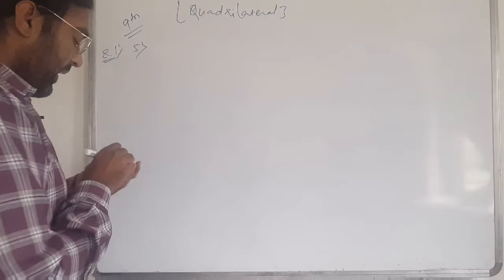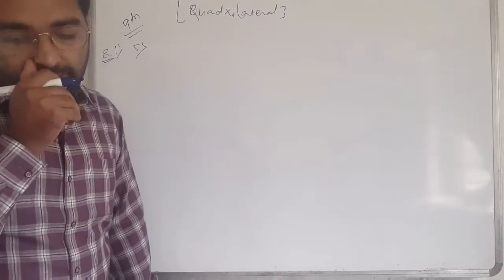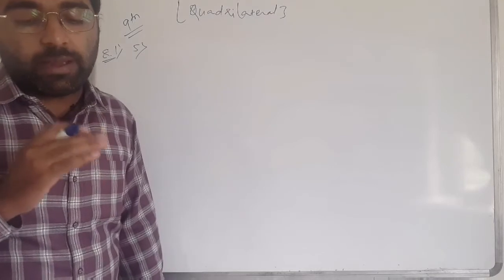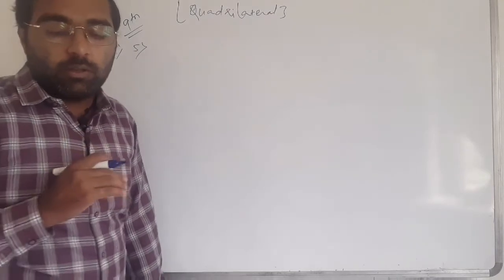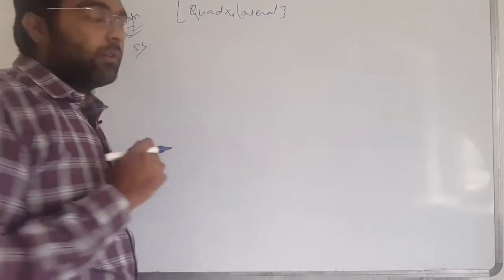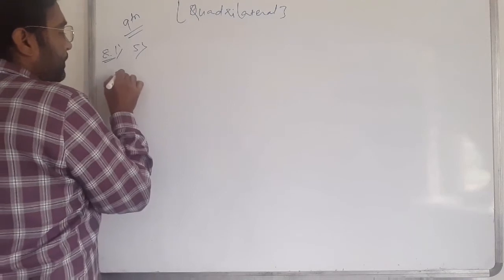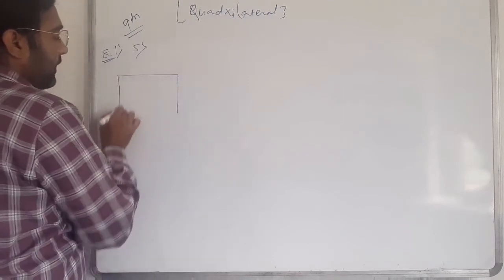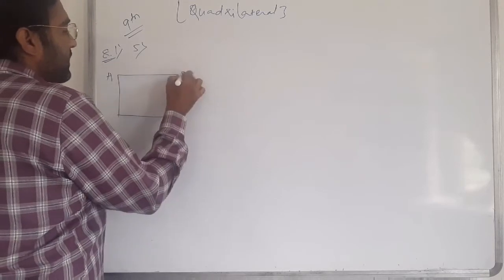In question number 5, it's given that the diagonals of a quadrilateral are equal and bisect each other at right angles, then it is a square. First of all, I'll draw the figure: this is the quadrilateral ABCD.